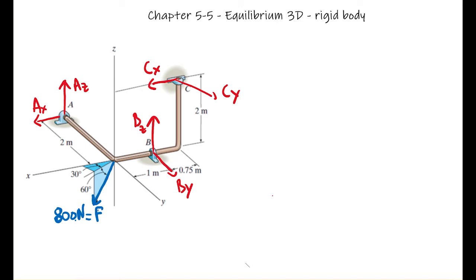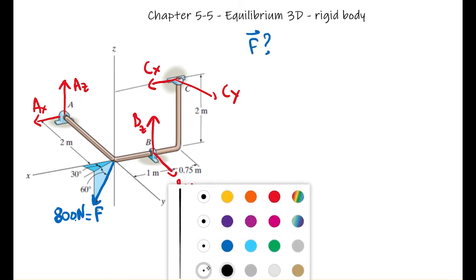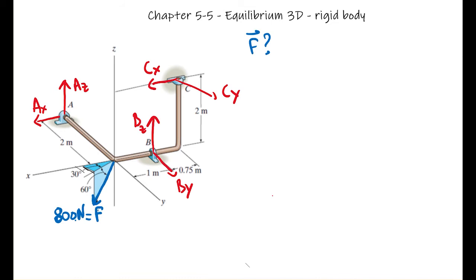First steps, let's find F as a vector in Cartesian notation form. You see this force is in this plane, and this door is in a plane like this.